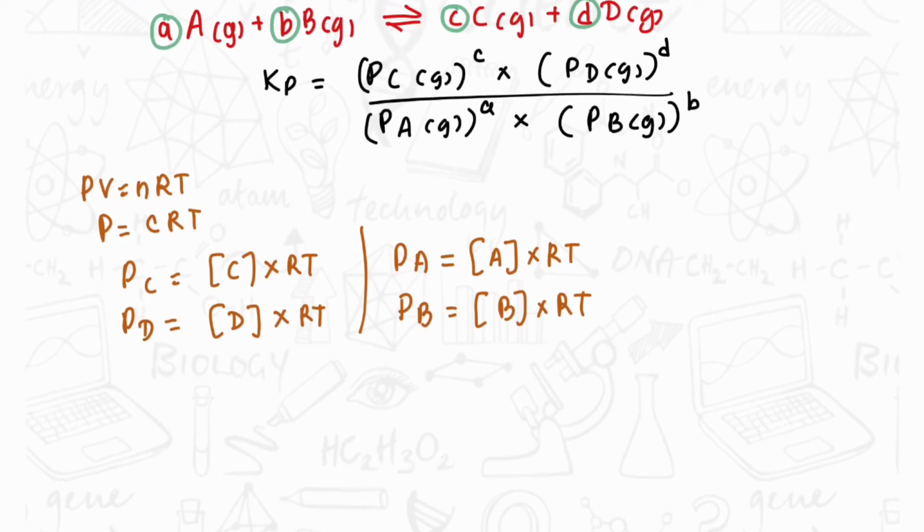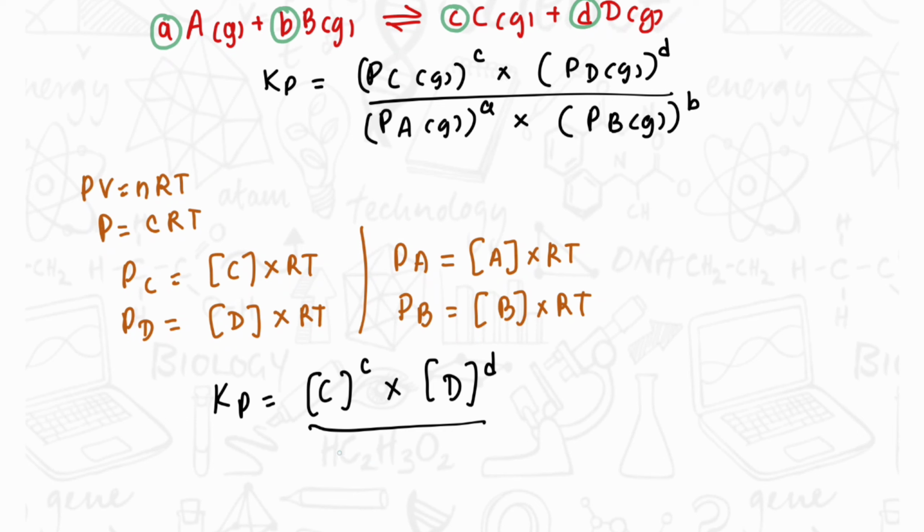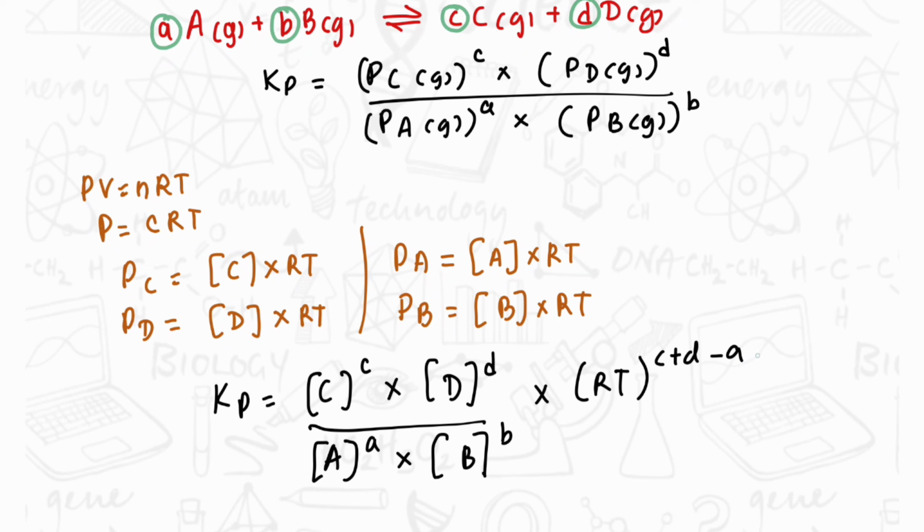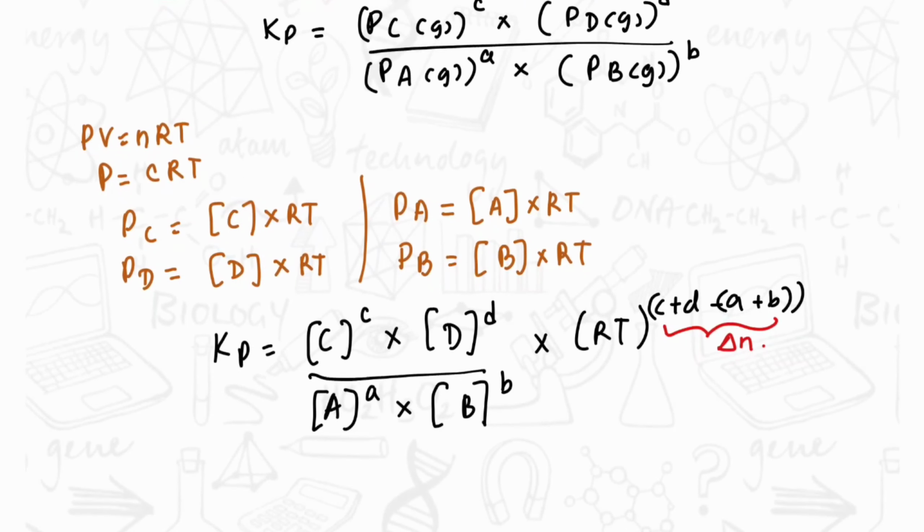So if we substitute these values, we get Kp is equal to C to the power c times D to the power d divided by A concentration to the power a times B concentration to the power b. And RT will be to the power C plus D minus A plus B. So if we put a substitution, let's say it is delta n.